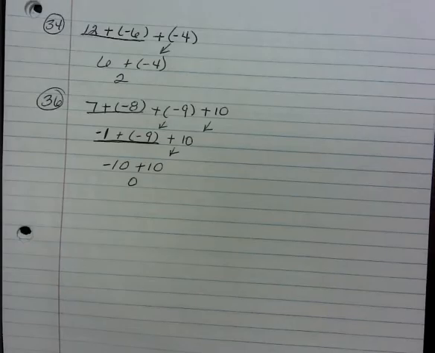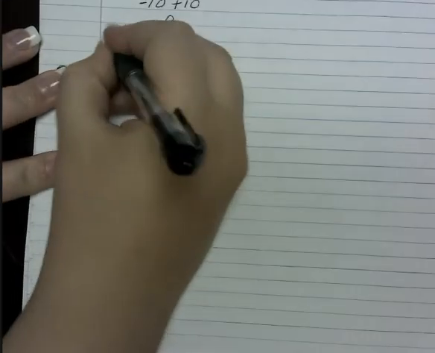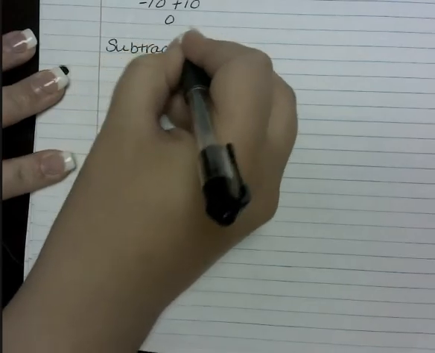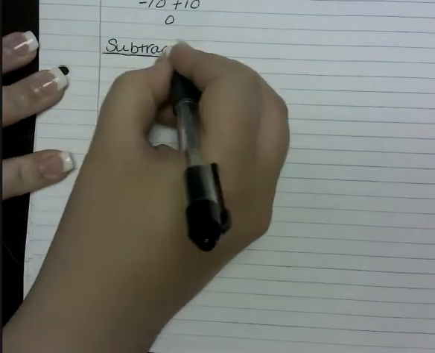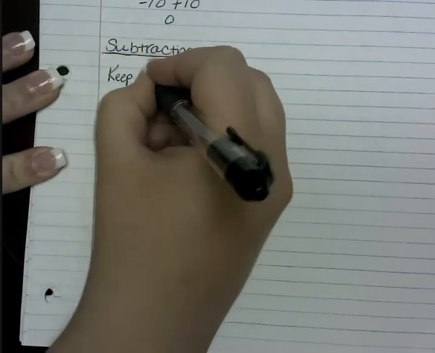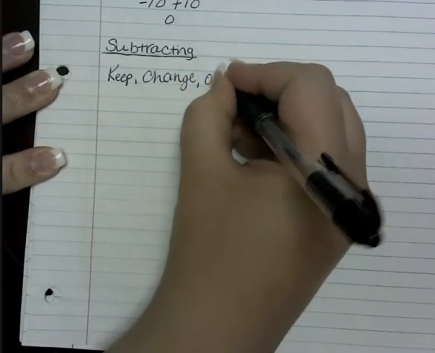So we've talked about adding, and we've done a good bit of problems dealing with adding integers. So now let's talk about subtracting them. So when you are subtracting, your rule is keep, change, opposite.